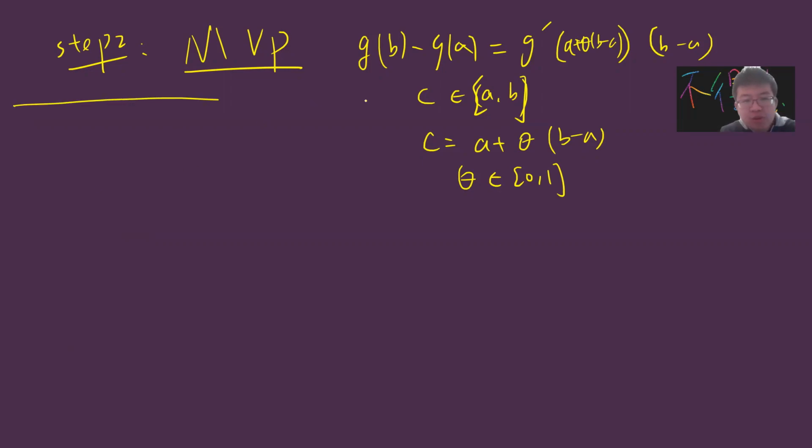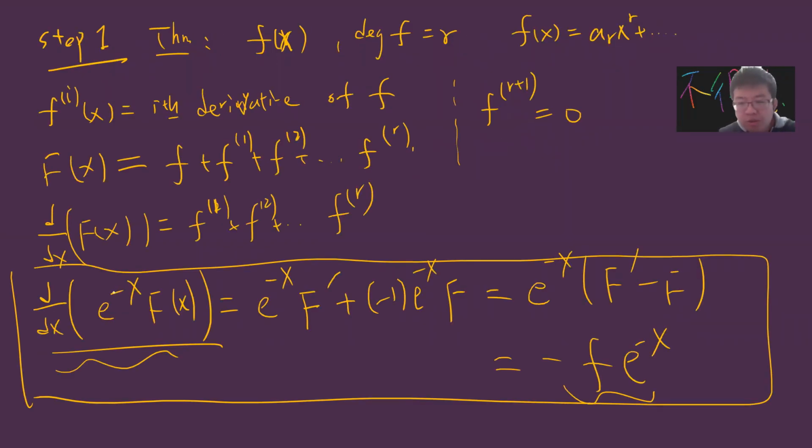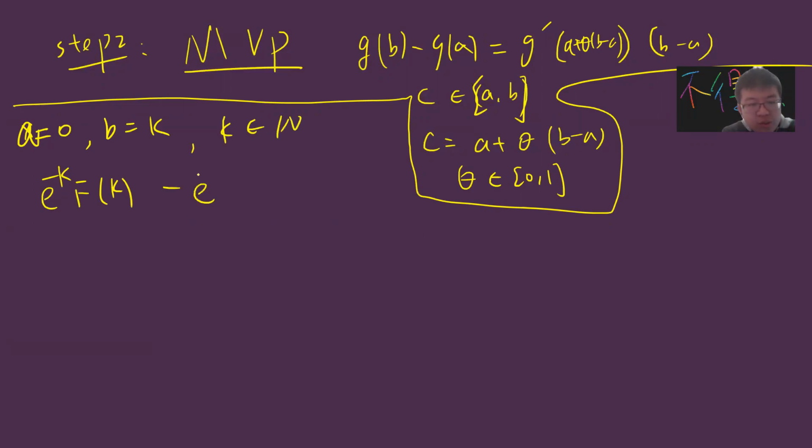Okay, so I want to use this theorem on this equation. Let's say I choose a to be 0 and b to be k, where k is some positive integer. So I get exponential negative k f of k minus exponential 0 f of 0, and it becomes the derivative.